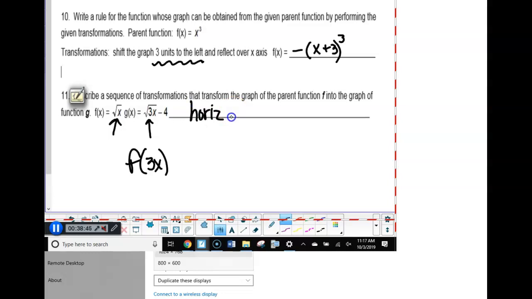Horizontal, and because it's the opposite of what it seems when it's inside, yeah, shrink is fine with me. The book, I think, would use the word compression. Now, you could either say by 3 or 1/3. I really don't care. It got smaller. As long as you use the word compression, I'm good.